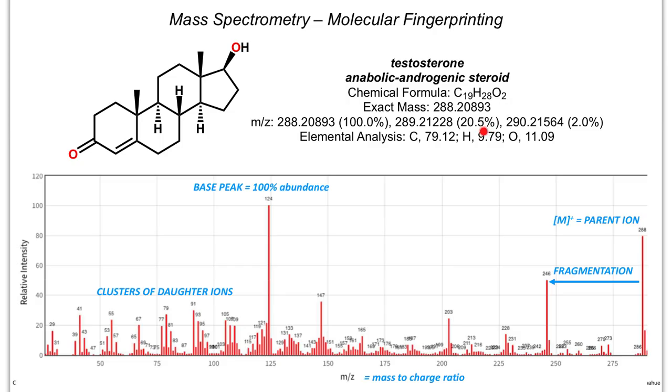You're always going to have that. The reason this molecule has a signal at M+2 is because you have a lot of carbons, you're increasing the possibility that a molecule has more than one C13 in it. That's the statistics of that 1.1% abundance.